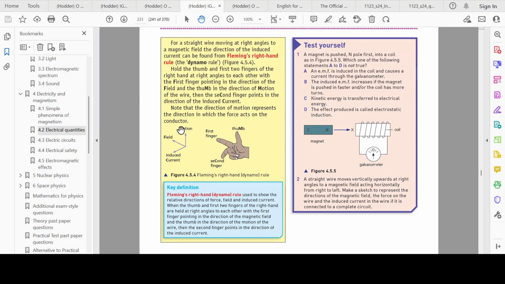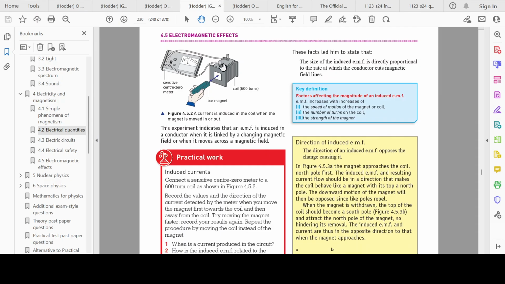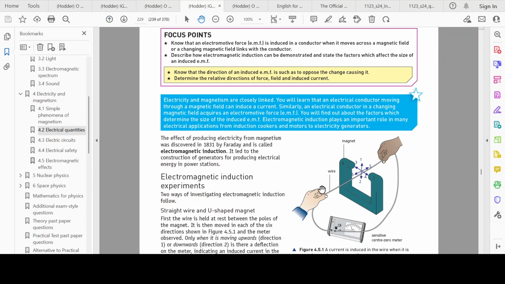Okay, now here we come to the first rule. For a straight wire moving at right angles to a magnetic field, because whatever motion we've seen so far, this is the coil, this is the magnetic field, and whether you're moving the magnet or you are moving the wire, the field lines are going from north to south and the wire is moving up and down, so it's at right angles.